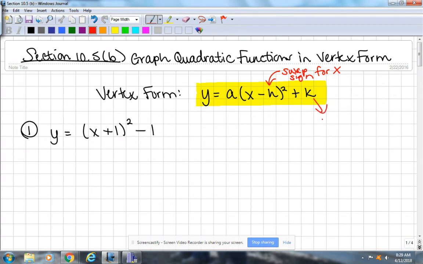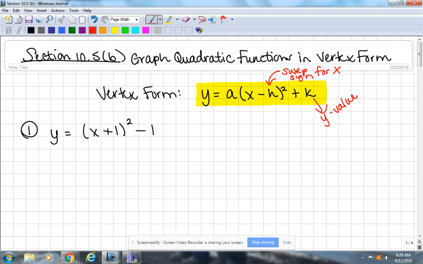Your k is the y value of the vertex. So your k equals the y. To get your x, you take this number right here and change its sign. Change it, keep it. K for keep. This will be your x. This will be your y.